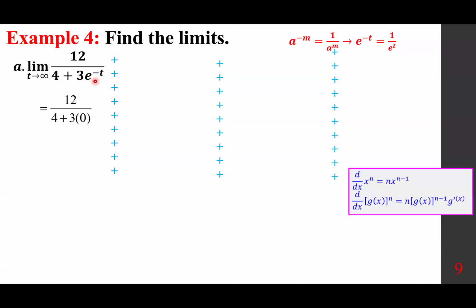So 12/4, which is 3. Now, a similar question, t is approaching infinity, but this time e to the power of t, not negative t. If you plug in, this becomes e to the power of infinity, which is infinity. 12/infinity is 0.